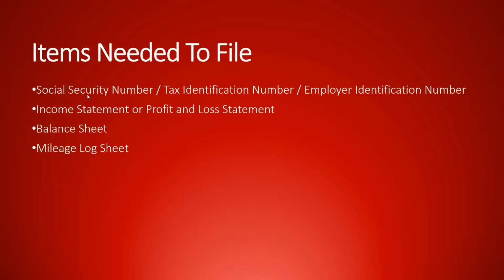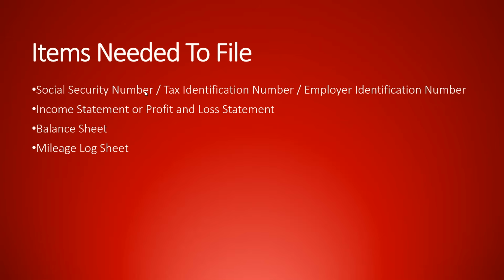Some of the items you need to file: you basically need your Social Security number, tax ID number, or employer identification number. The tax ID number and employer identification number are pretty much the same thing, depending on who's asking.